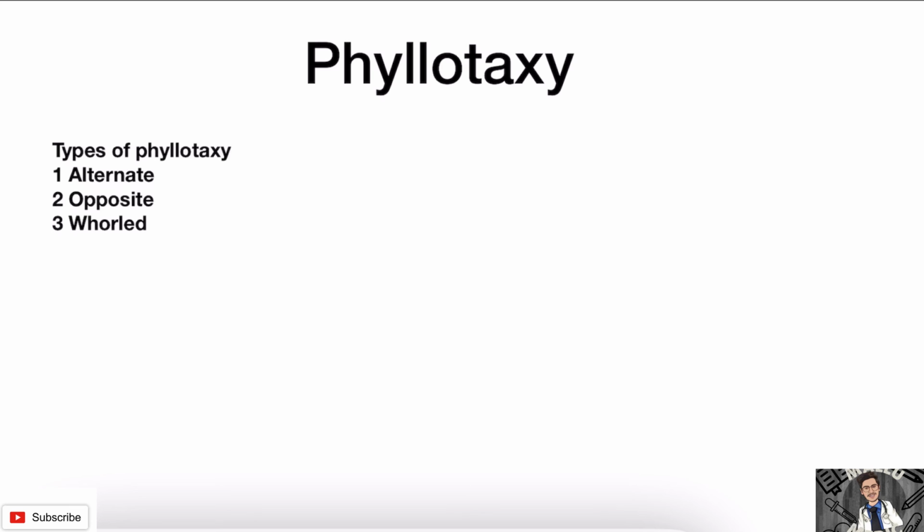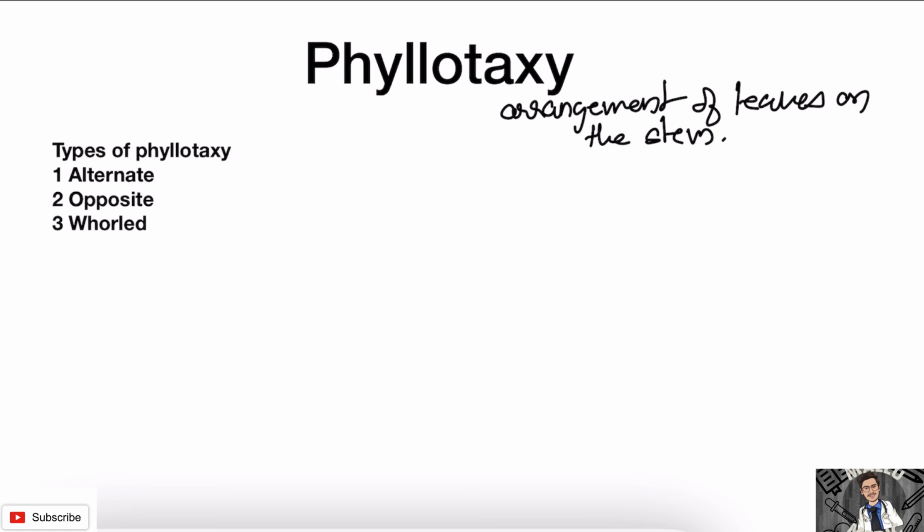Now it's time for us to understand what is phyllotaxy. Phyllotaxy is the arrangement of leaves on the stem. All right, so let me draw a stem.